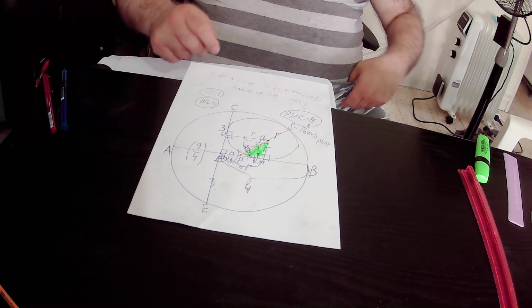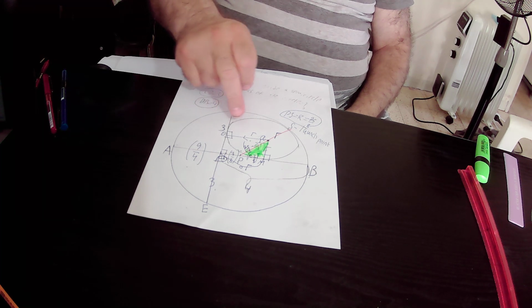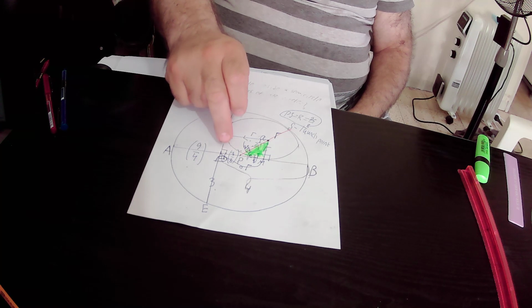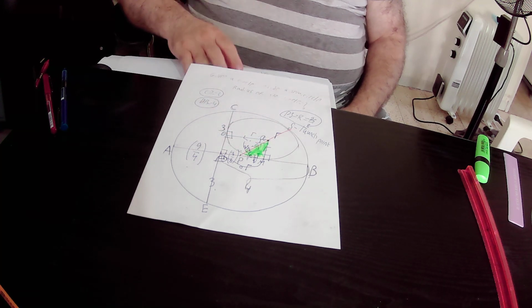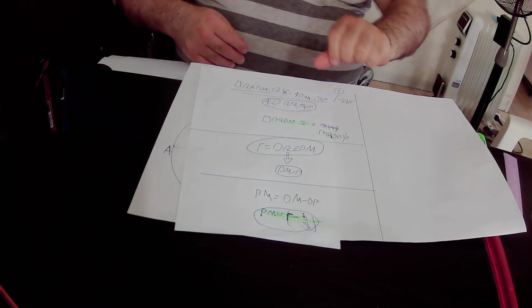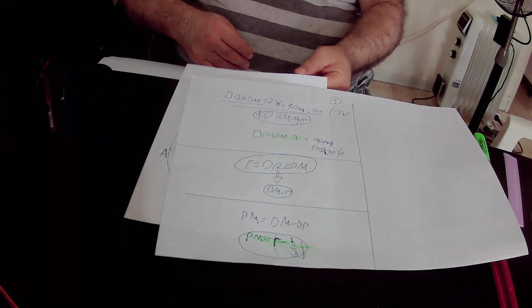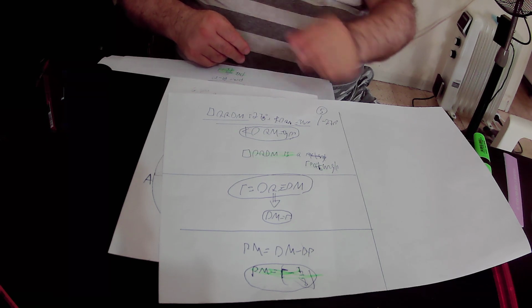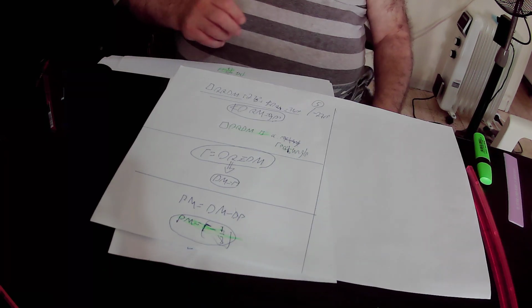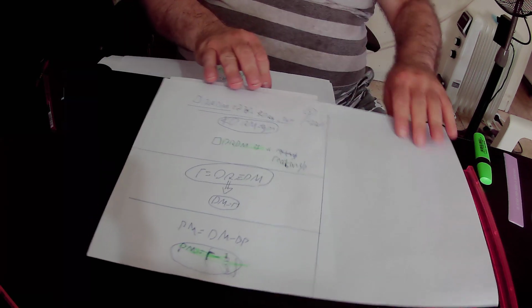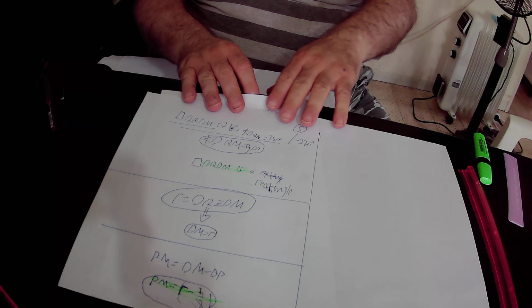Then we focused on quadrilateral OQDM. In quadrilateral OQDM, we have 1, 2, 3 right angles. The sum of 3 right angles is 90 times 3, that is 270 degrees, plus the size of the fourth angle, that is actually angle OQM.